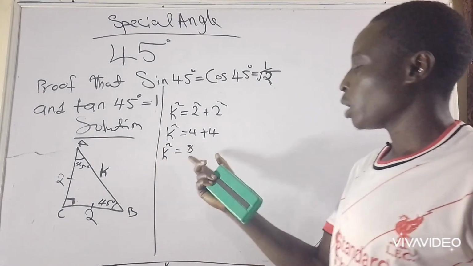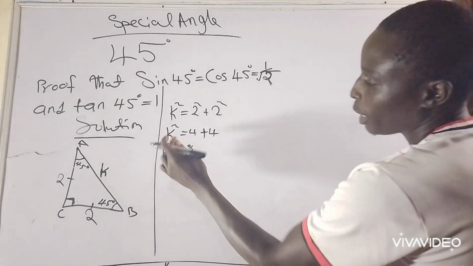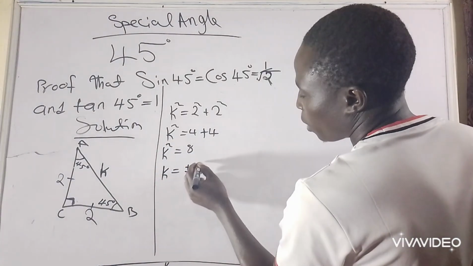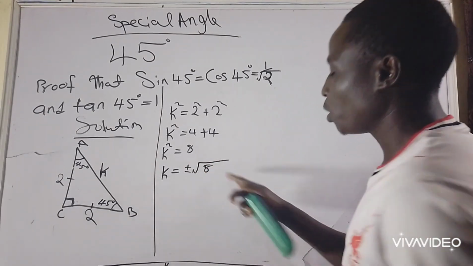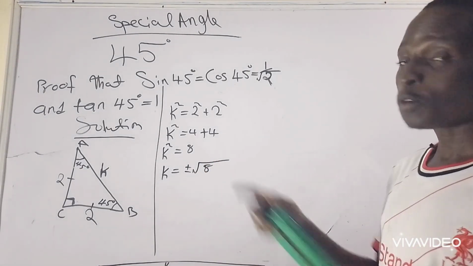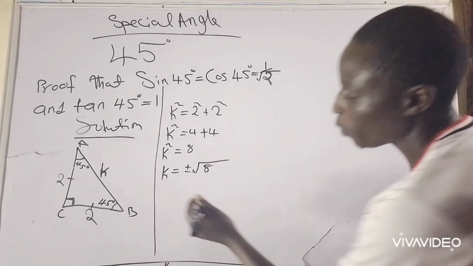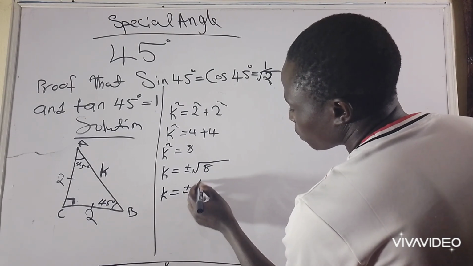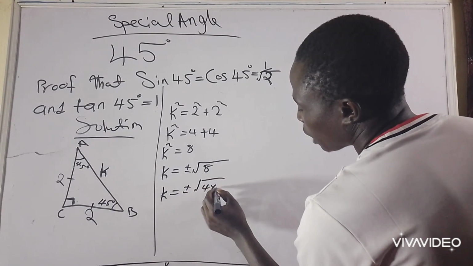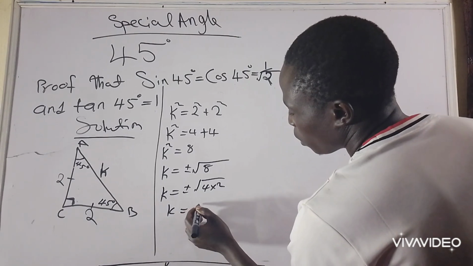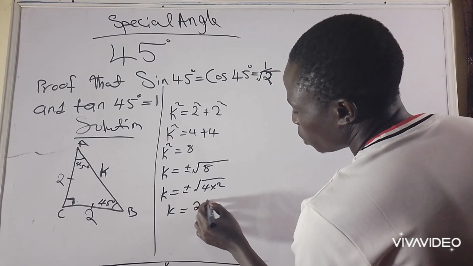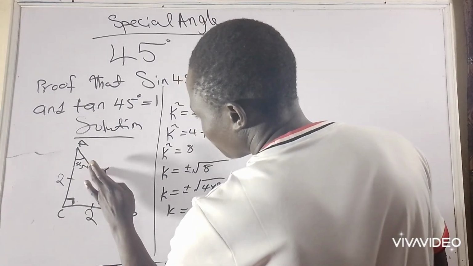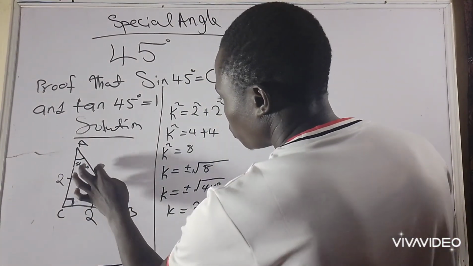I need to take the square root of both sides to clear the square. So K is equal to plus or minus the square root of 8. If you look at 8 very well, it contains 4, and I can take the square root of 4. So K is equal to the square root of 4 times 2, which is 2 root 2. So I can now delete this K and put 2 root 2.